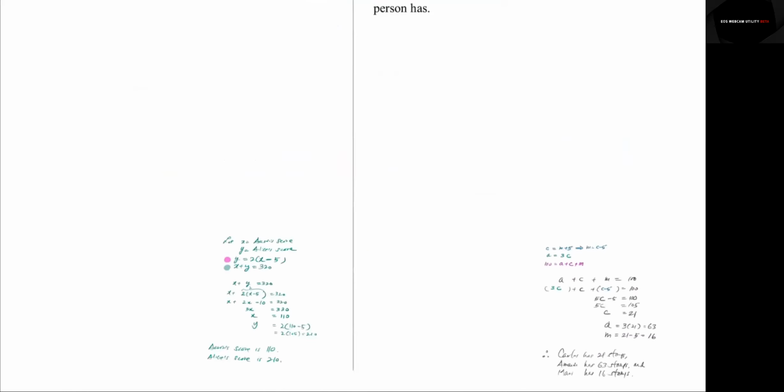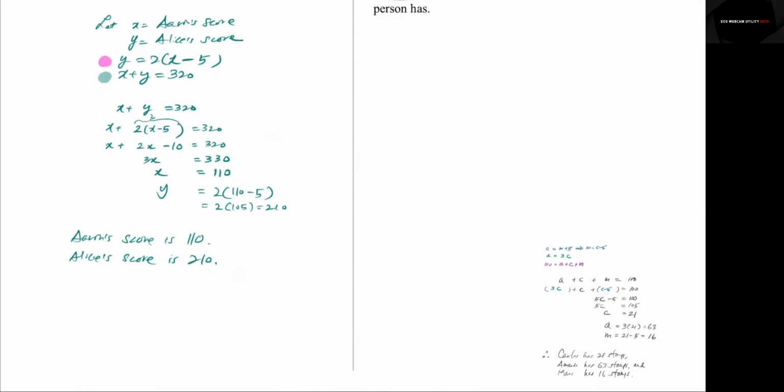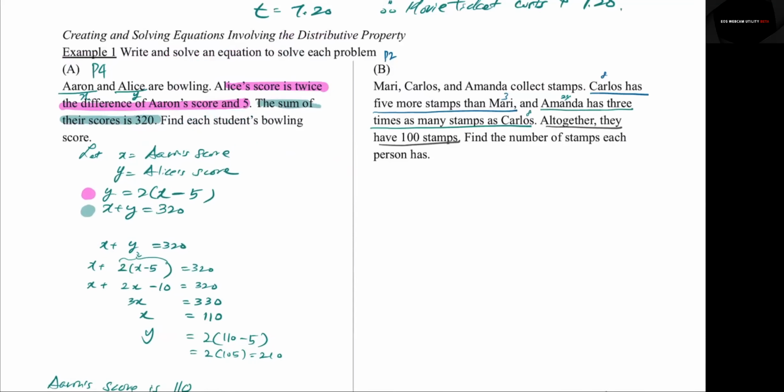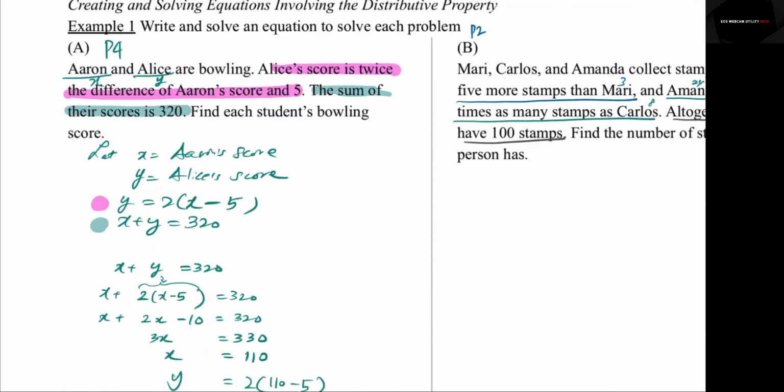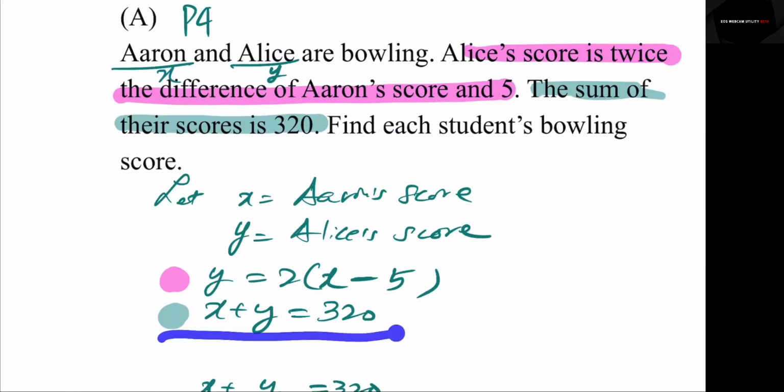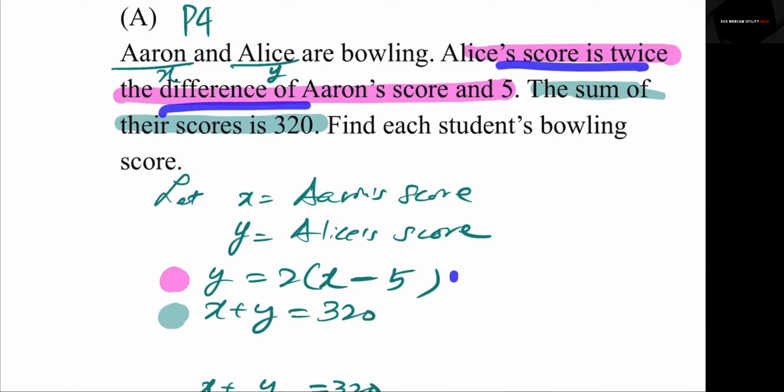Let me pull that up for a second. Okay. So there you go. So what we did was exactly that, right? The green is X plus Y equals 320, and the magenta is this right here. Teal color is this.